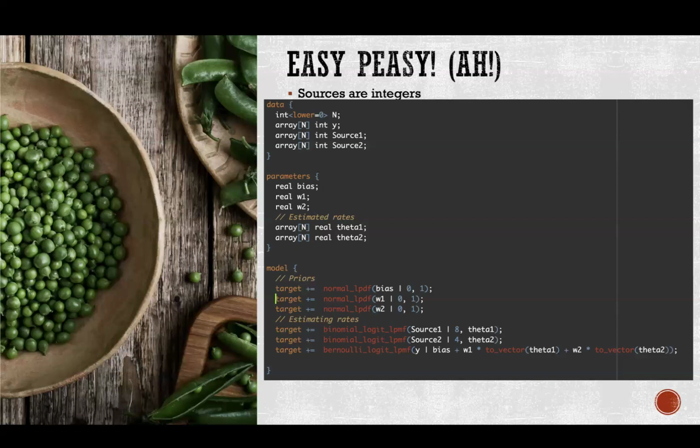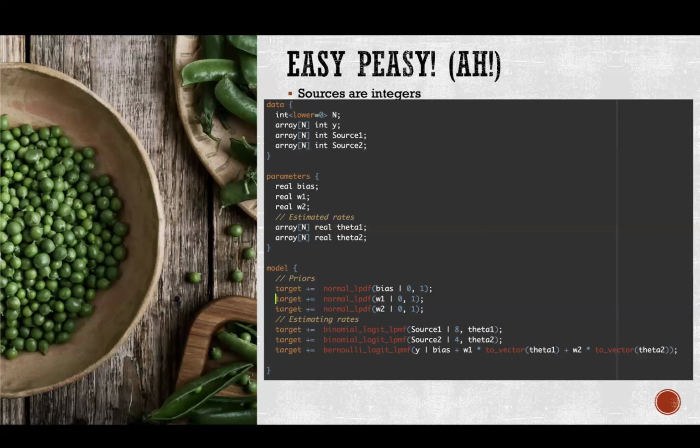But then what we tell is that actually before estimating the probability of picking red in the participant, we take source 1, we say that it's out of 8 possible marbles, and that source 1 number is generated by an underlying theta 1.